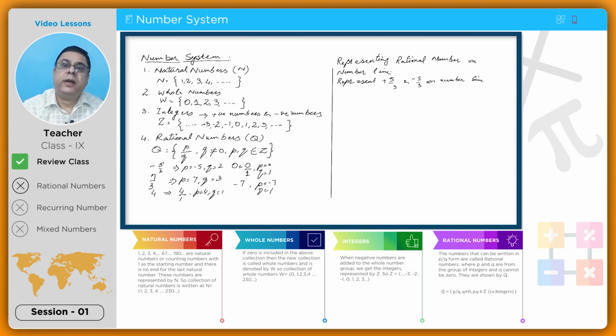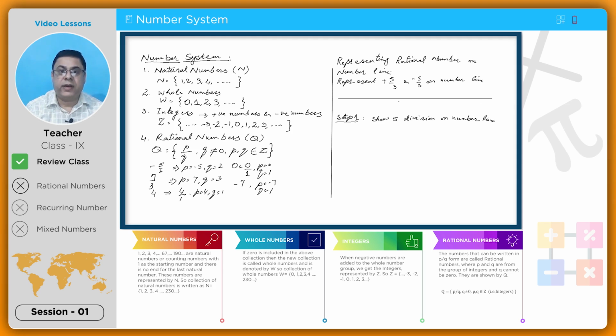To represent plus 5 by 3, a rational number, on the number line, our first step is to draw a number line and mark 5 segments on it, 5 parts, starting from 0. This 5 came from the numerator part, plus 5. Because it is plus 5, we mark 5 divisions on the right side of 0, starting from 0: 0, 1, 2, 3, 4 and 5.